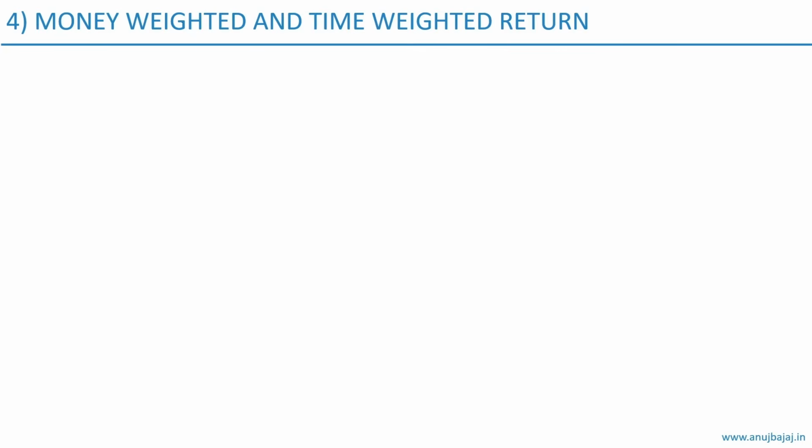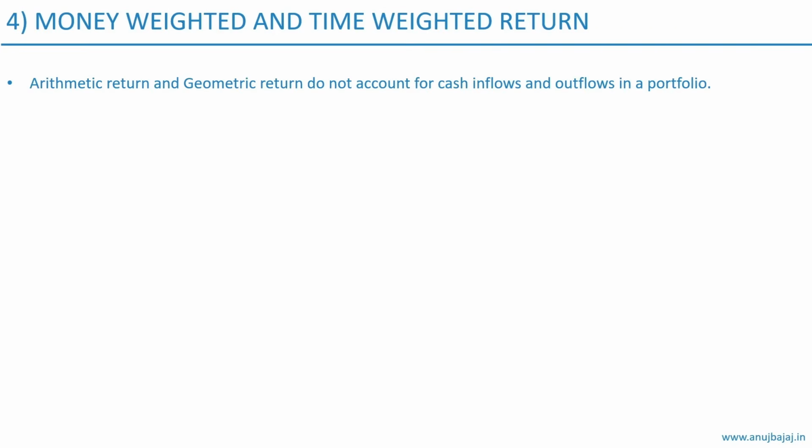The arithmetic return did not consider the compounding effect, whereas the geometric mean did consider the effect of compounding. But both these means do not account for the cash inflows as well as the cash outflows from a portfolio. Hence, we need a measure which accounts for the cash inflows as well as the cash outflows.